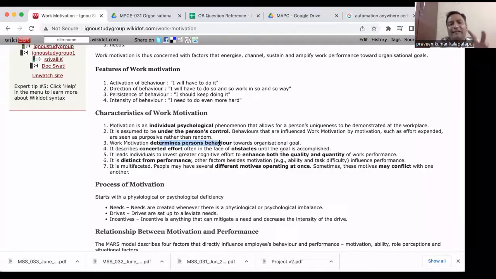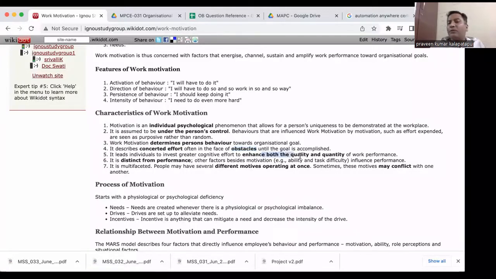It also describes the effort that he is going to put in and how willing he is to face the obstacles in accomplishing that particular goal. How exactly he is going to face those obstacles also depends on the motivation, right?